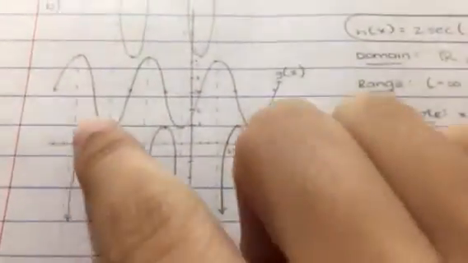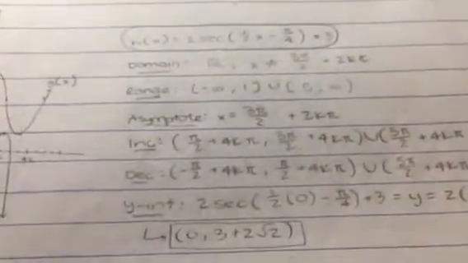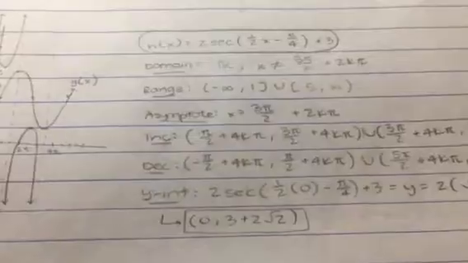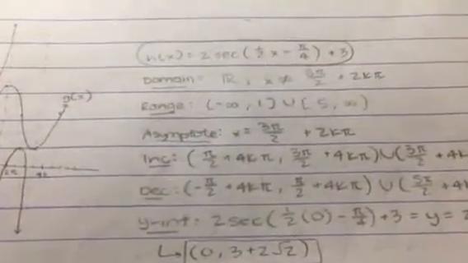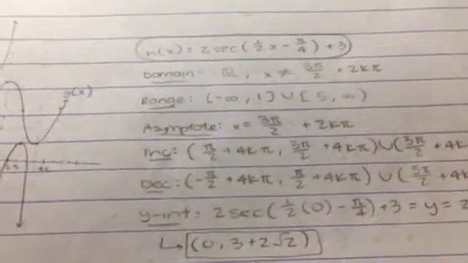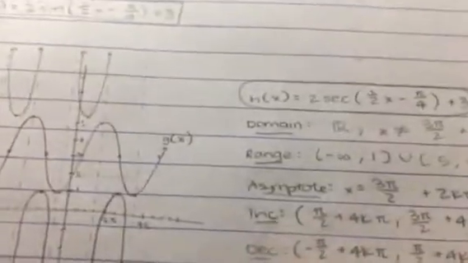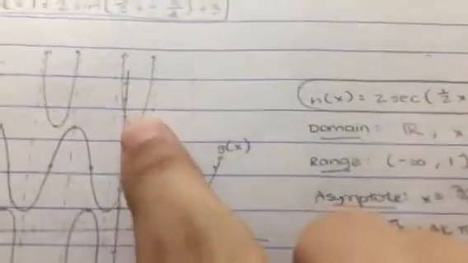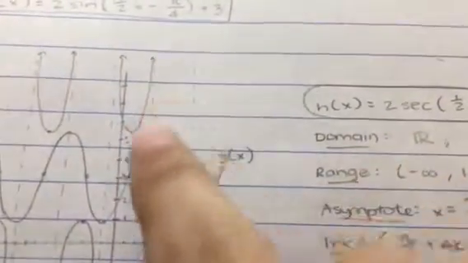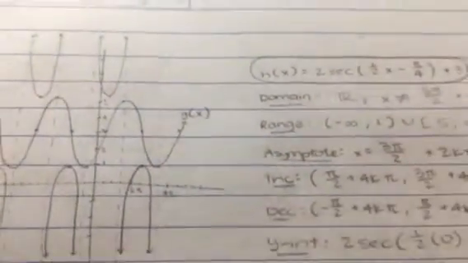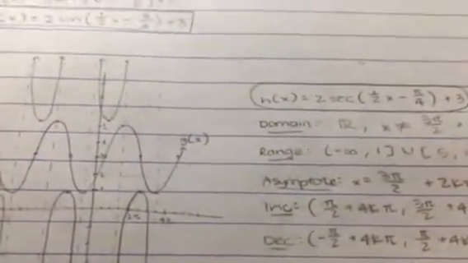And this graph is increasing at these intervals and also this interval. So that interval is pi over 2 plus 4k pi to 3 pi over 2 plus 4k pi, as you can see. This is pi over 2, and then this is nearing the asymptote, which is 3 pi over 2. So it's increasing at that interval.